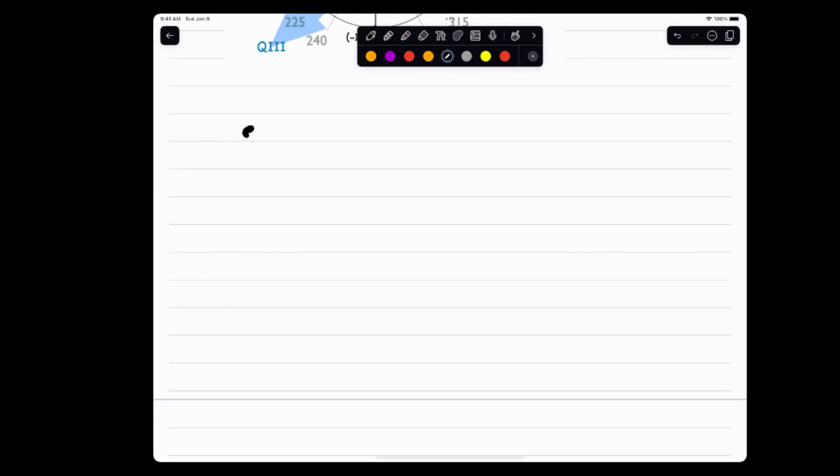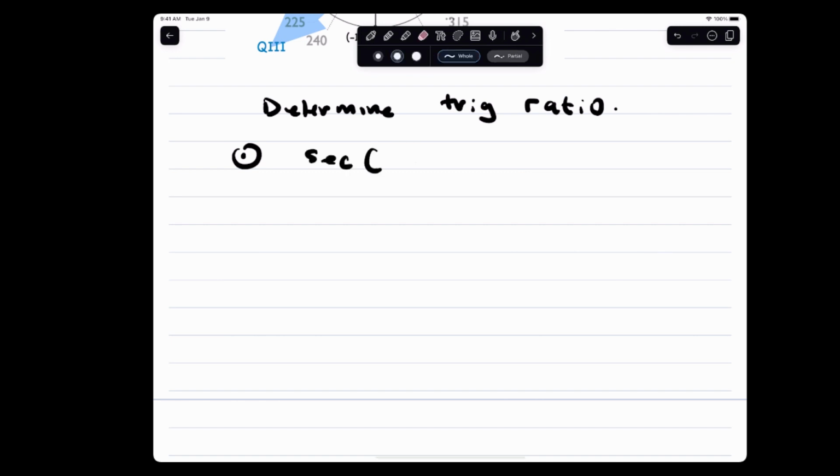All righty. So let's have you guys try a few here on your own, okay? It's really called determining the exact value, but determine the trig ratio. Number 1, secant of 10 pi over 3. Number 2, cosecant of negative pi over 4.